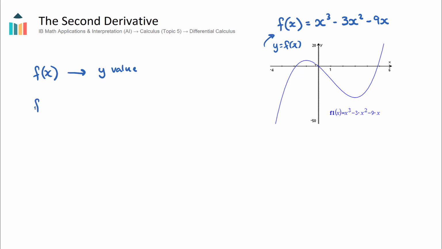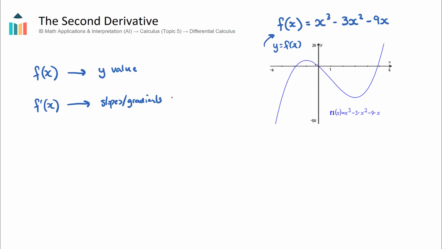But if I find the first derivative of a function, and hopefully by now you've learned how to find the derivative of different functions, what the first derivative helps us find is the gradient or the slope, which is the same word, at a certain point on our function.